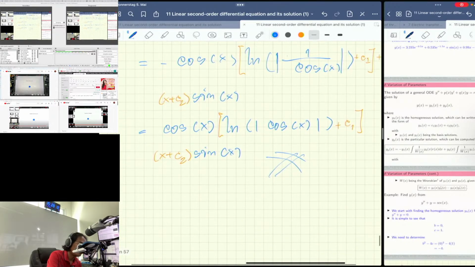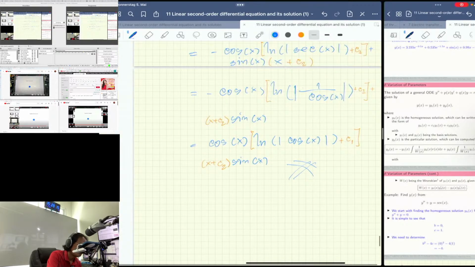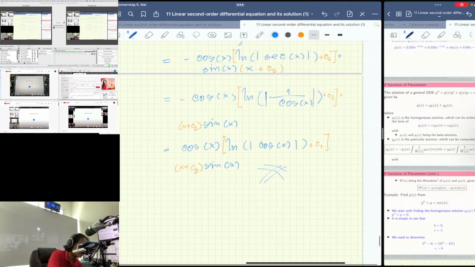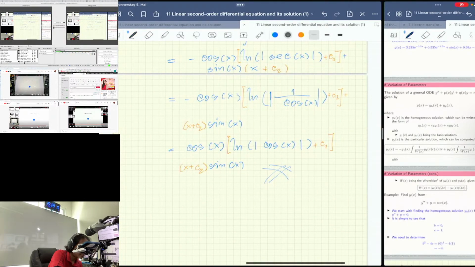Okay, so this is yp, right? So the general solution will be y of x equal to y1, right? C1, sorry, that's C2.